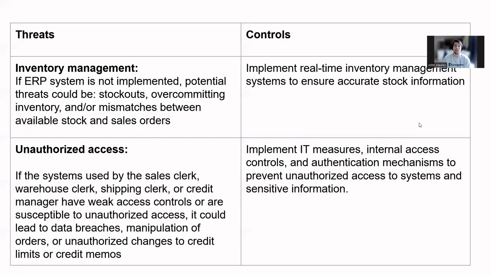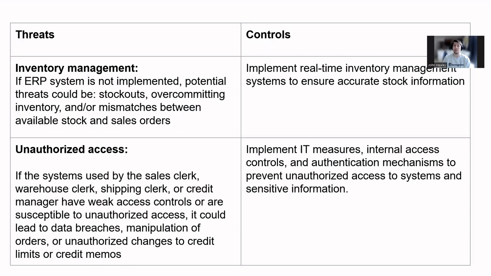Now that we've discussed Newton Hardware Company's revenue cycle in depth, we're going to go on to the highlighted threats and the suggested controls for each of these threats. First off, our team discovered their largest threat, which would be the inventory management system that Newton Hardware Company currently operates under. This is a paper-based system, so Newton issues paper invoices and paper statements for all of their business needs. With a traditional system like this, you run into all the same traditional problems.